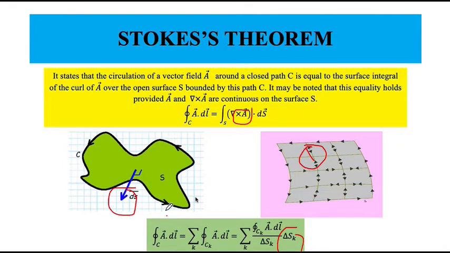Therefore the line integral of vector field A, or circulation of A around a closed path L, can be defined like this. If we take delta S approaching the 0 limit, we will get this statement, which is our Stokes theorem.